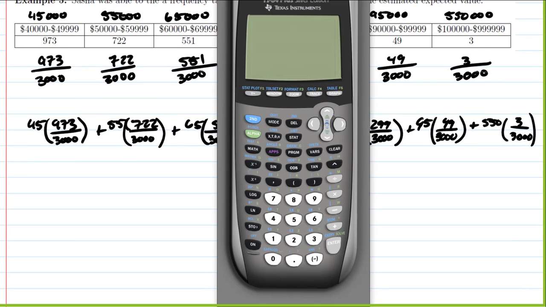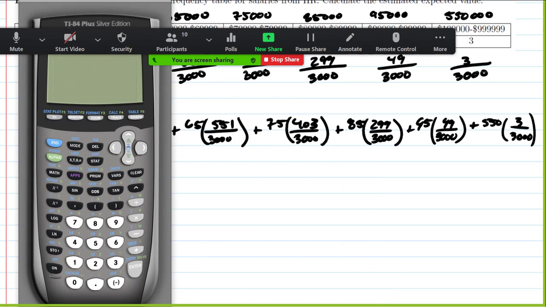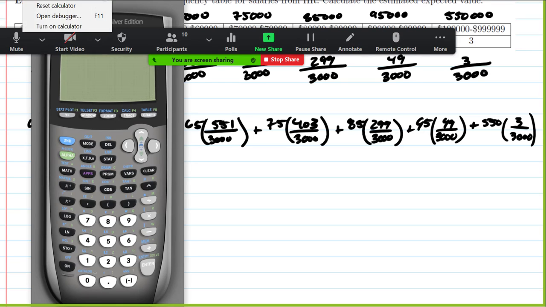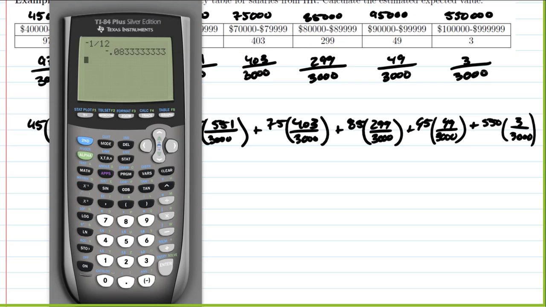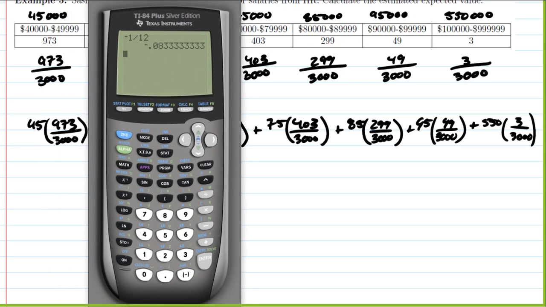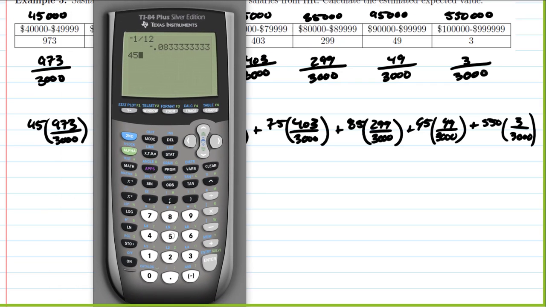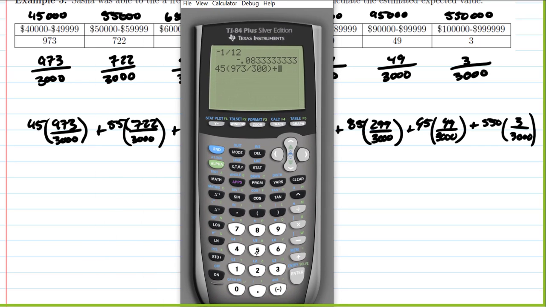Grabbing our calculator and getting to work on this. Let's see, we're going to have 45 times 973 over 3,000 plus 55 times 722.